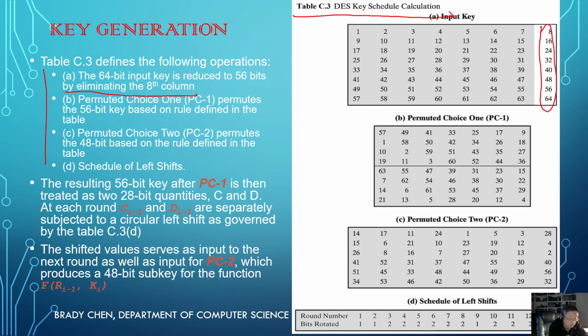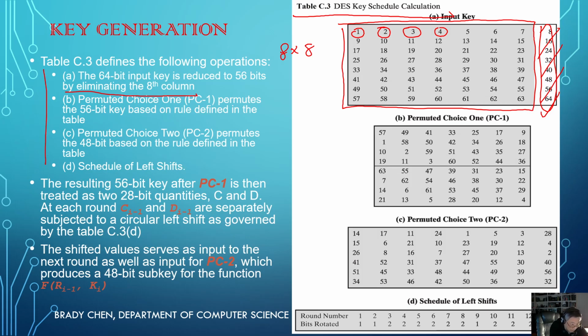Once we organize the key as an 8 by 8 matrix, remember that initially it's 64-bit, here is the index for each of the bits of the key, and then we eliminate the last column. So this is the 56-bit key we're going to use throughout the whole DES process.